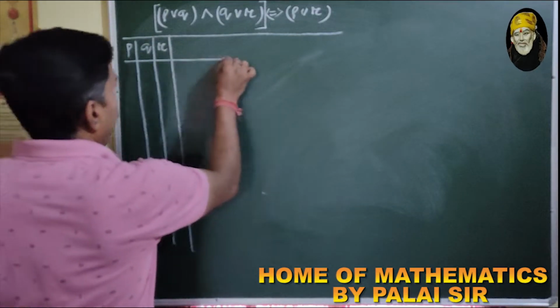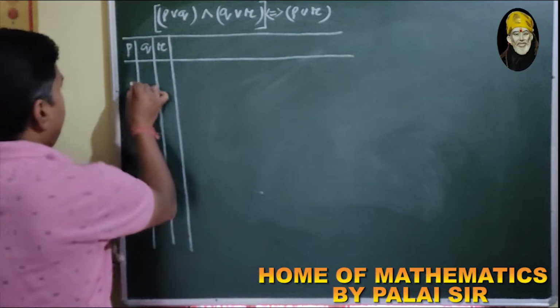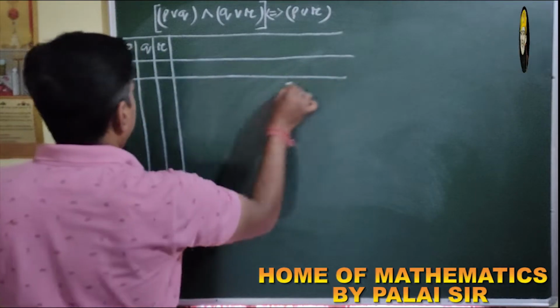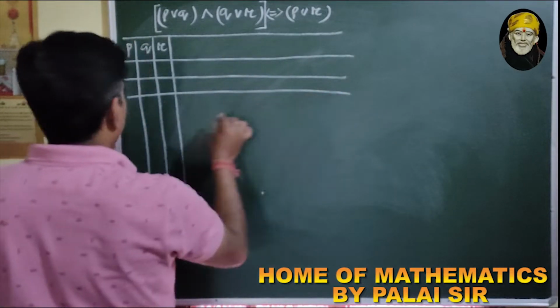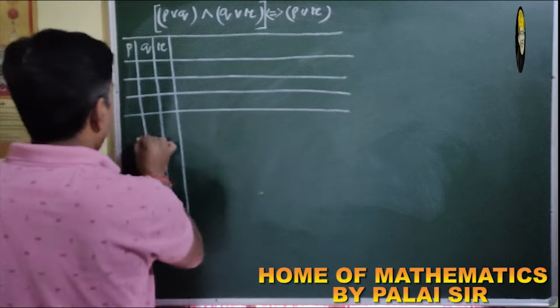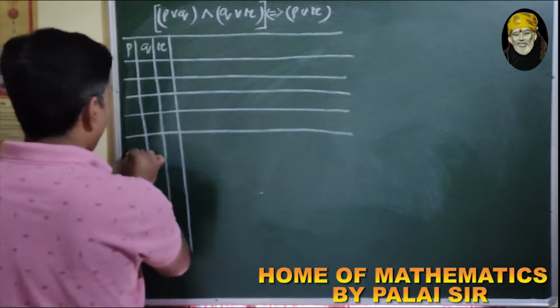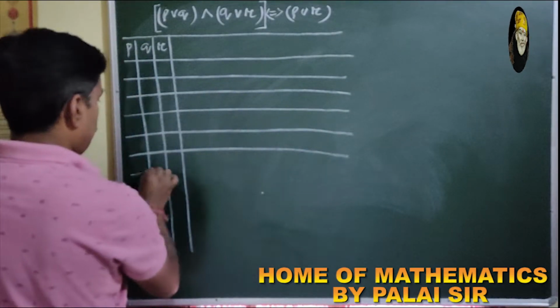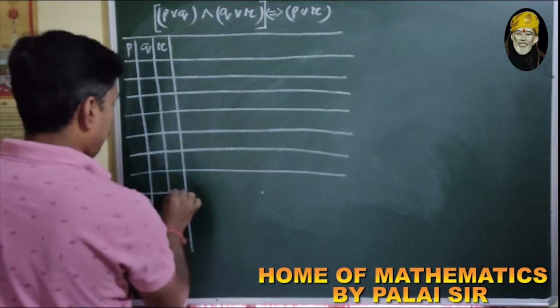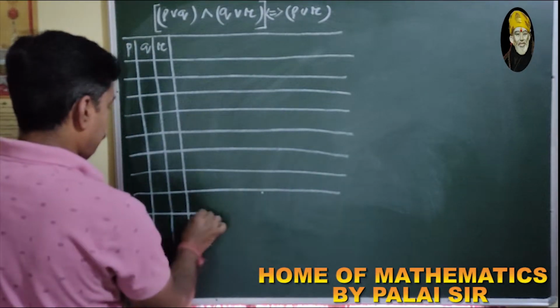So when there are three different statements, you will get 8 different values. 1, 2, 3, 4, 5, 6, 7, 8.